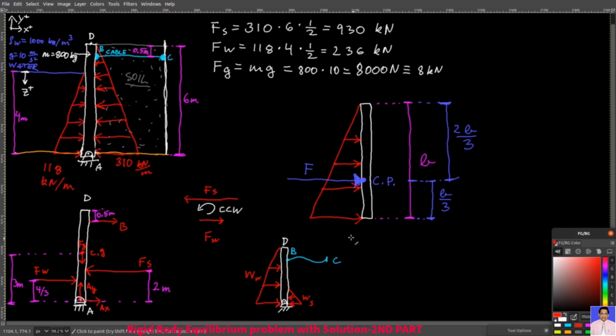This cable would have been useless if you had stronger pressure from water, making the wall want to rotate clockwise about point A. Then the cable would be in compression. However, cable support cannot resist motion when it's in compression.